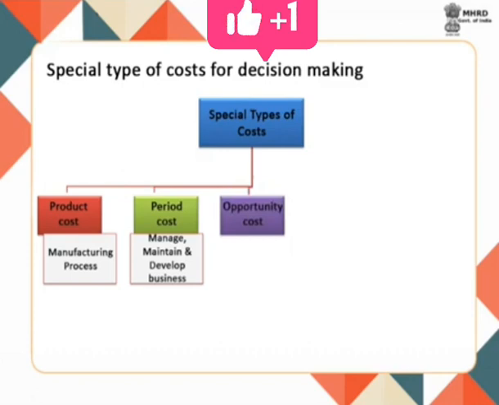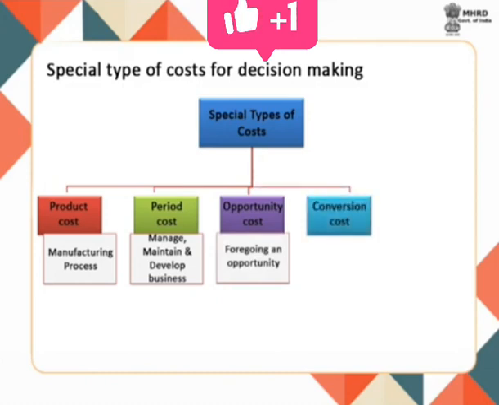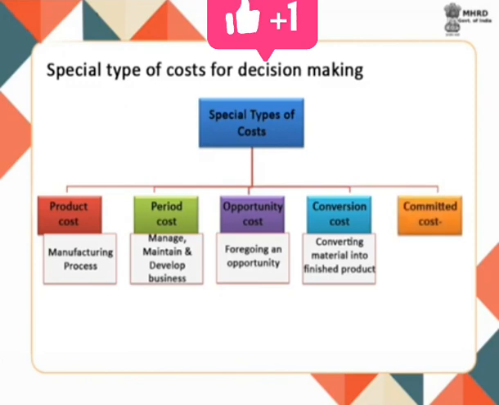This is the cost of foregoing an opportunity. 4, conversion cost. These are the costs of converting material into finished product. 5, committed cost. These are costs with respect to rent, rates, insurance, etc.